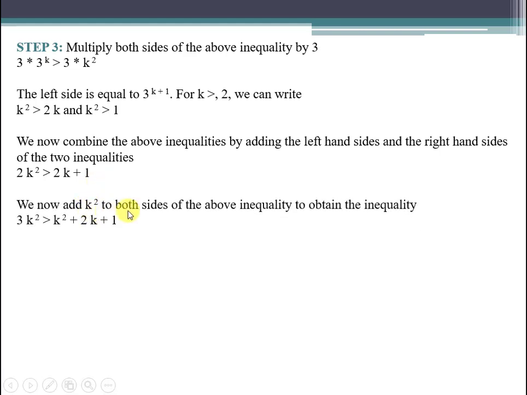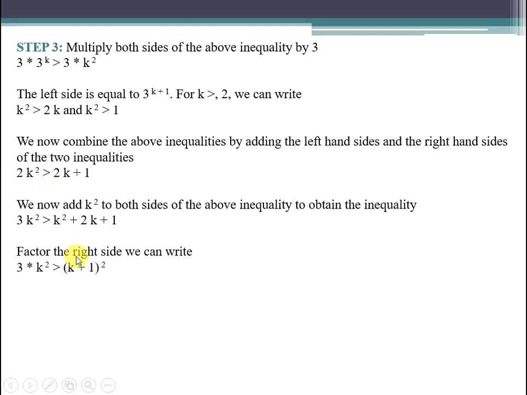We now add k squared to both sides of the above inequality to obtain 3k squared is greater than k squared plus 2k plus 1.